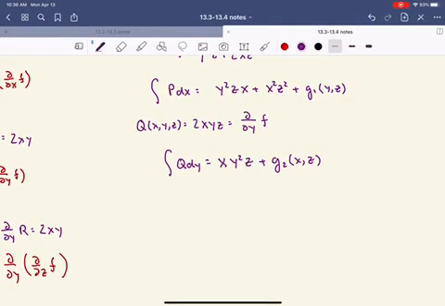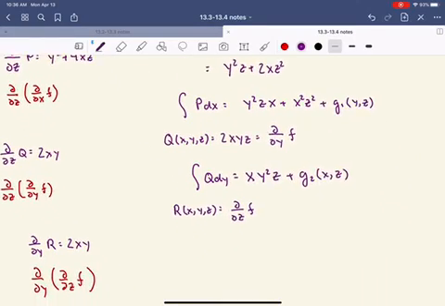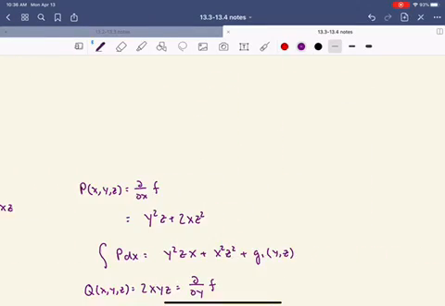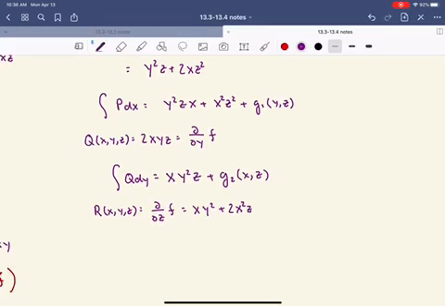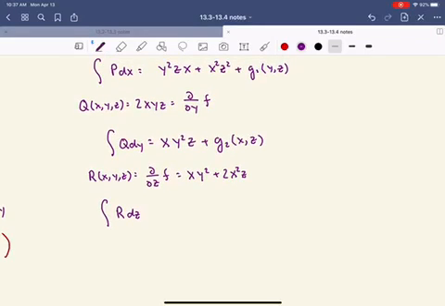All right. Next, r of x, y, z. That should be the derivative with respect to z of our f. So in this case, our r is xy squared plus 2x squared z. Okay, so let's take the integral of r dz.